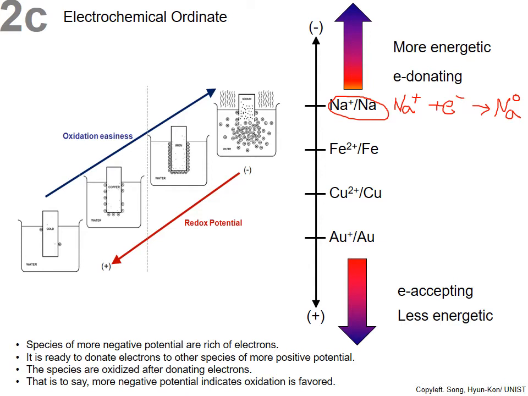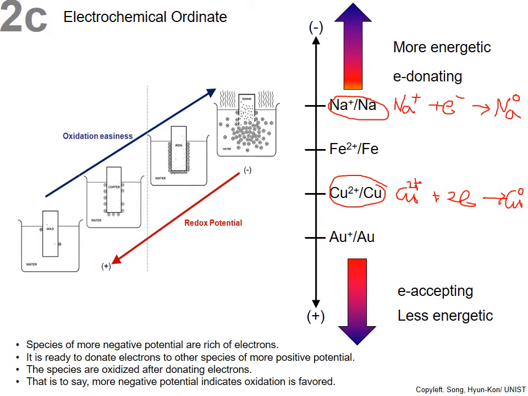Let me go to the other example. Here is copper 2 plus and copper. We have some values of reduction potential. This pair indicates copper 2 plus plus 2 electrons going to copper 0, something like that.